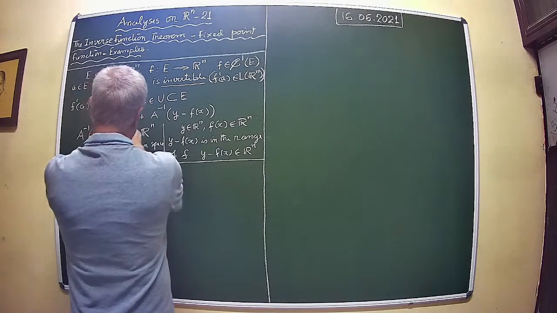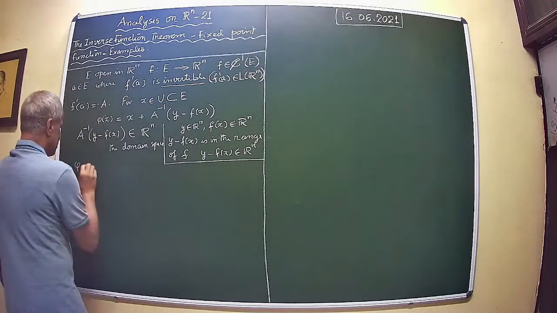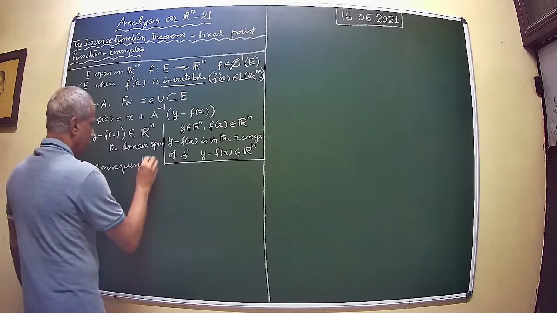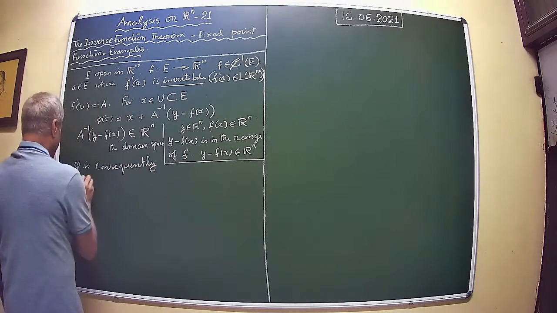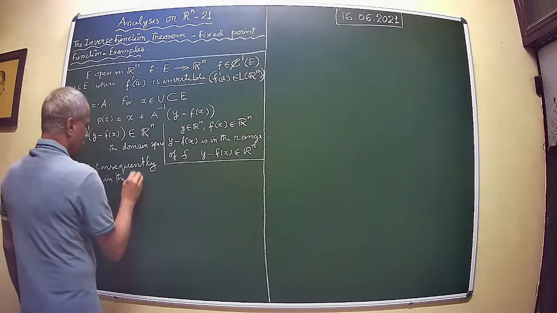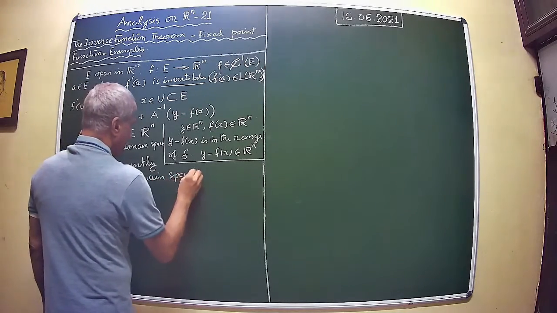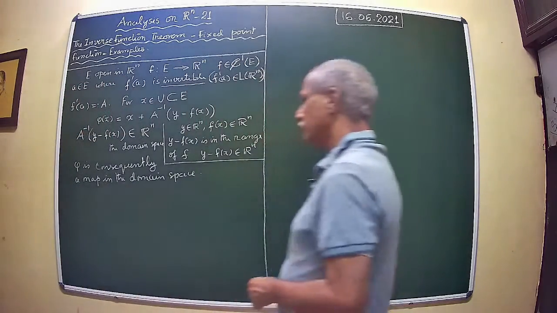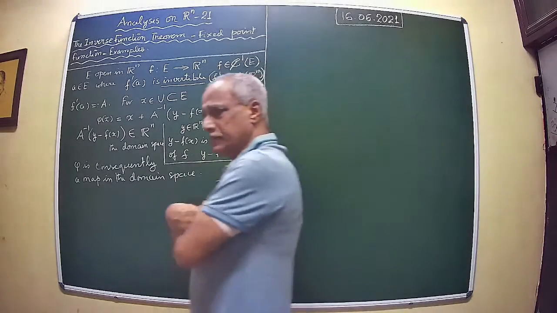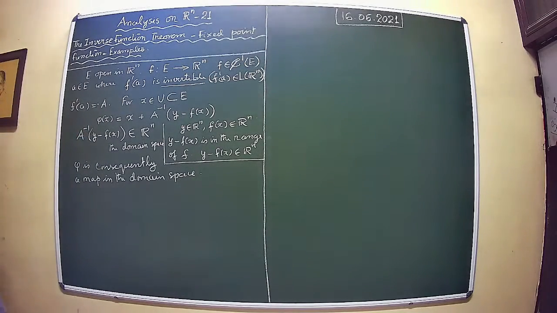Therefore, phi x is a map, so phi is consequently a map such that for x belonging to the domain space, you have phi of x in the domain space.